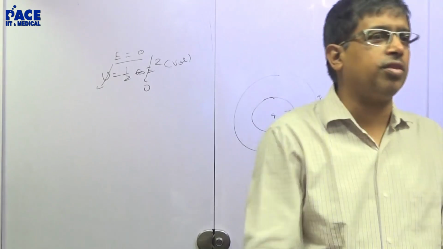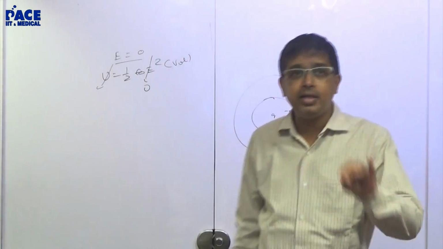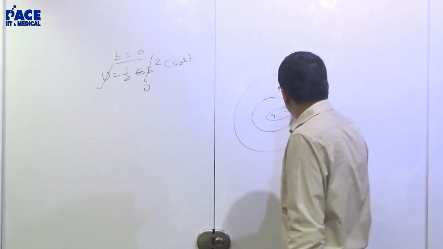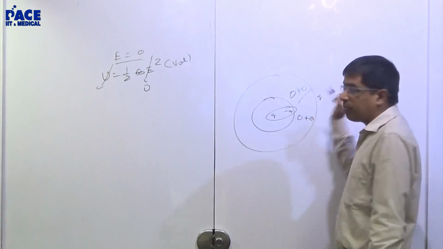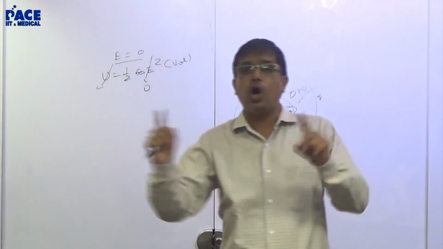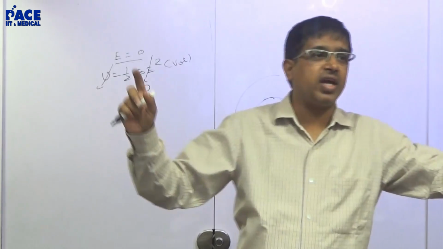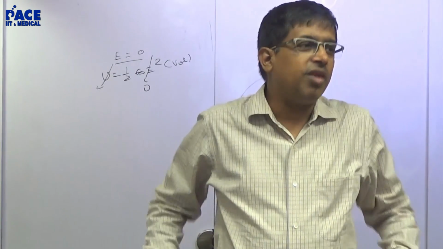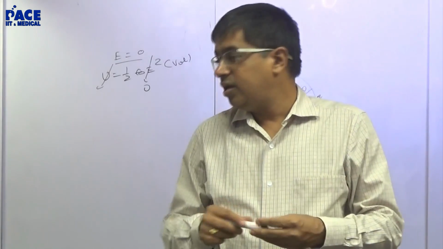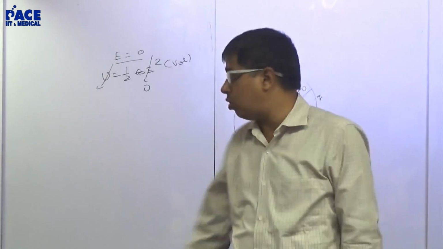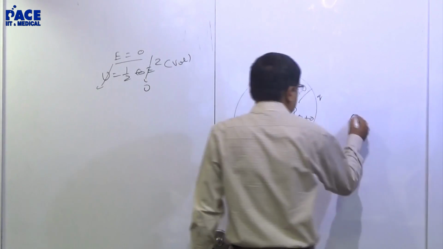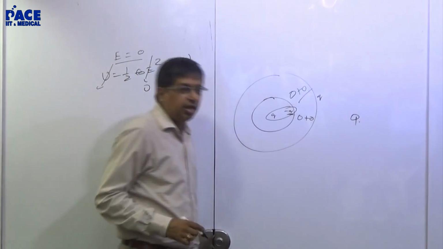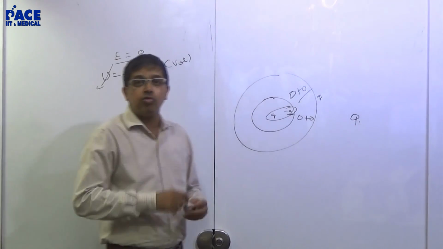You insisted that all internal charges separately give me zero and all external separately give me zero. You did not let internal of the cavity and external of a cavity interfere with each other. If you people have observed carefully, in fact, few of you had that doubt also. They said when capital Q was brought here, why isn't minus Q getting redistributed? That was what they were asking.